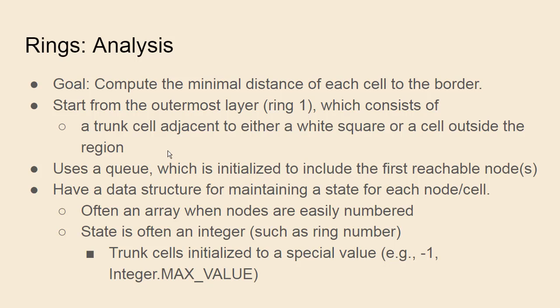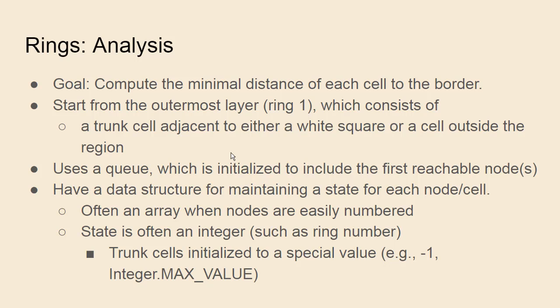We will use a queue, which is initialized to include the outermost cells, and then we will process all the nodes in the queue: take a cell out, look at which cells are adjacent to it and have not been visited, compute its distance, and add it to the queue.